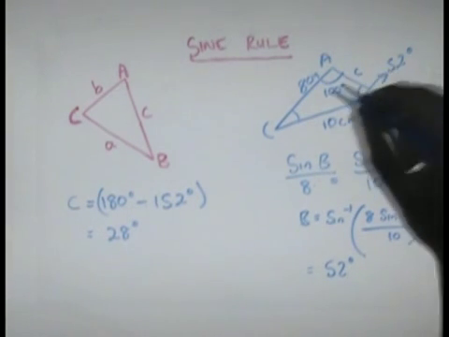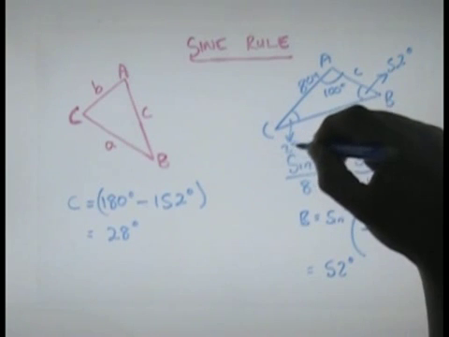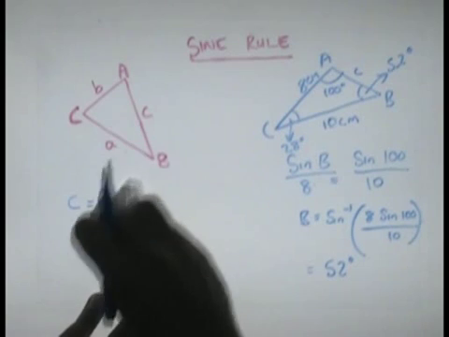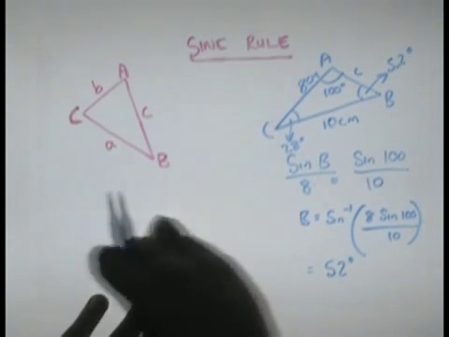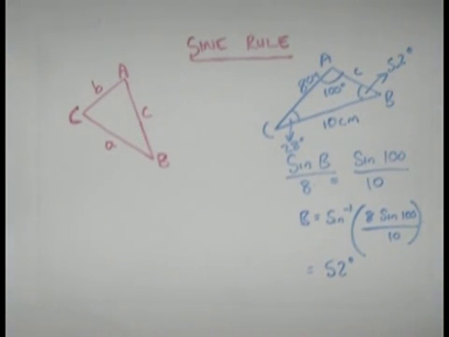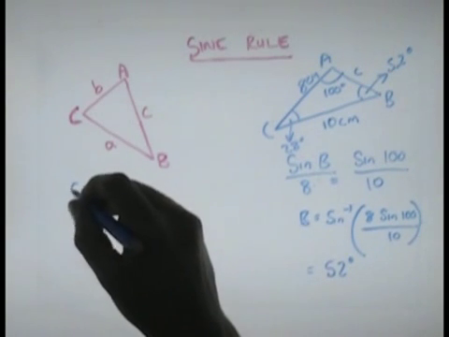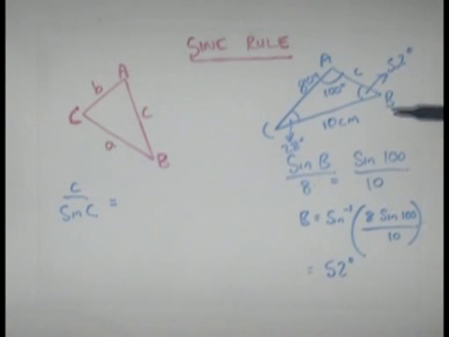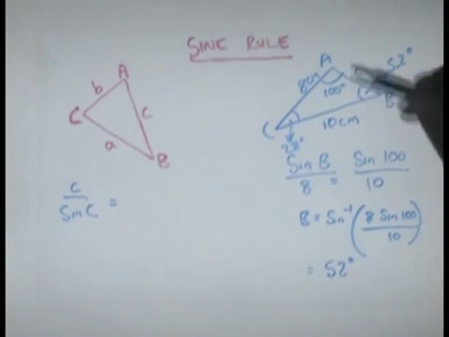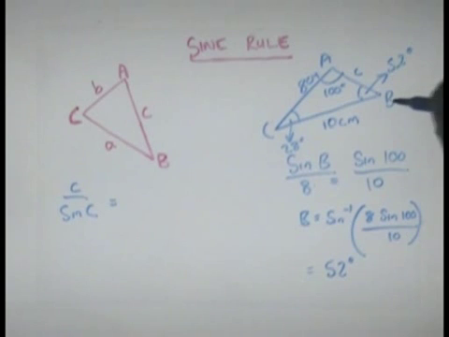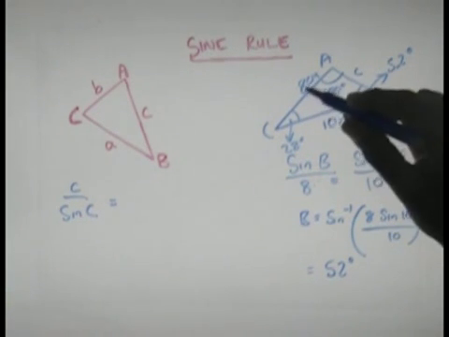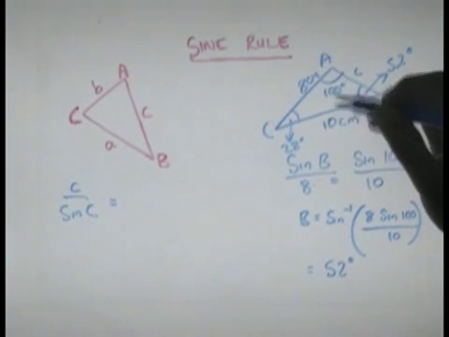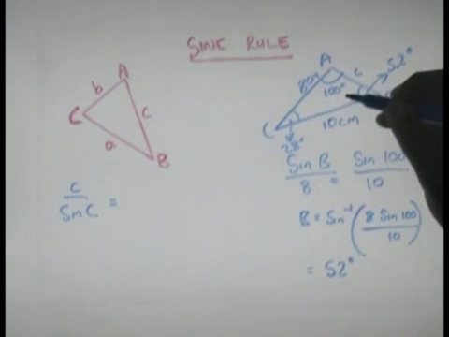Now to get side C, I've already got angle C, which is 28 degrees. Remember, even though we're using the sine rule and later on the cos rule and the area rule, don't forget to use logic. To get C, we're going to say C over sine C is equal to either A over sine A or B over sine B. I'm going to use A because I know that that's definitely accurate.